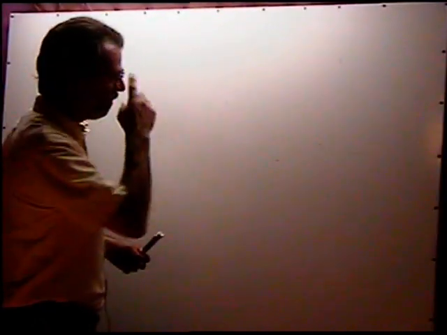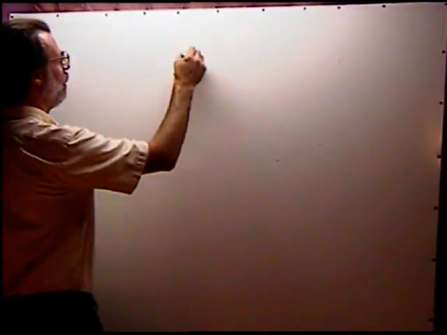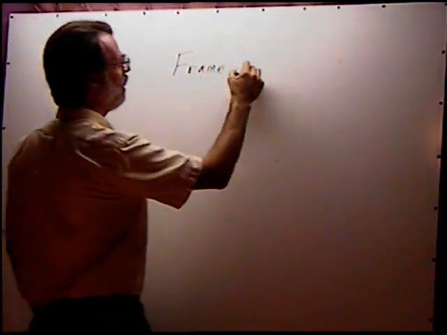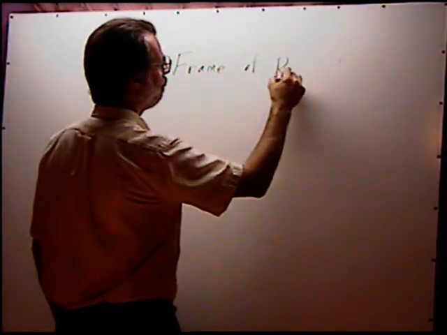The heading on page 21 is "Velocity is relative." I'm going to introduce something called the frame of reference. Again, this is not in your book.